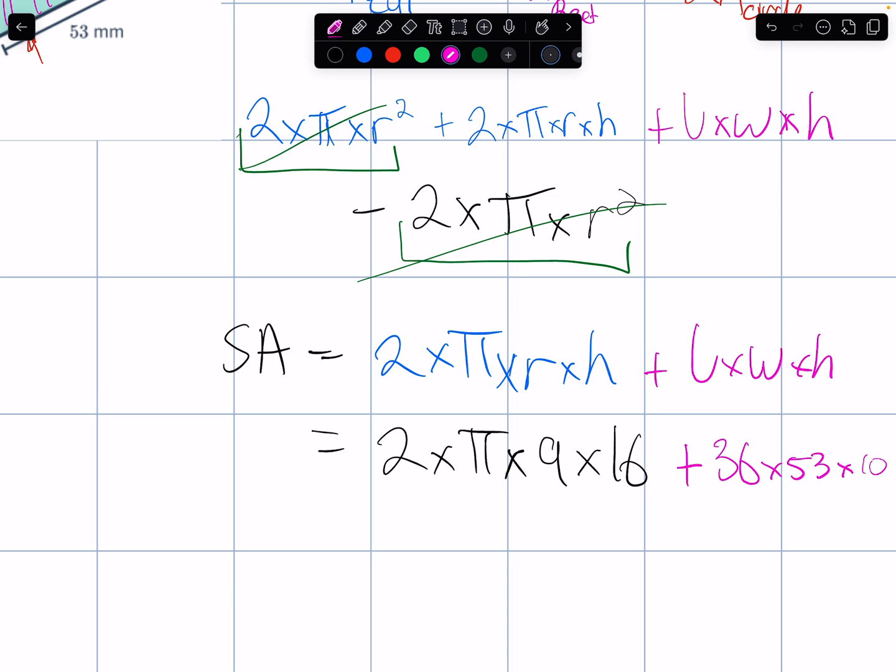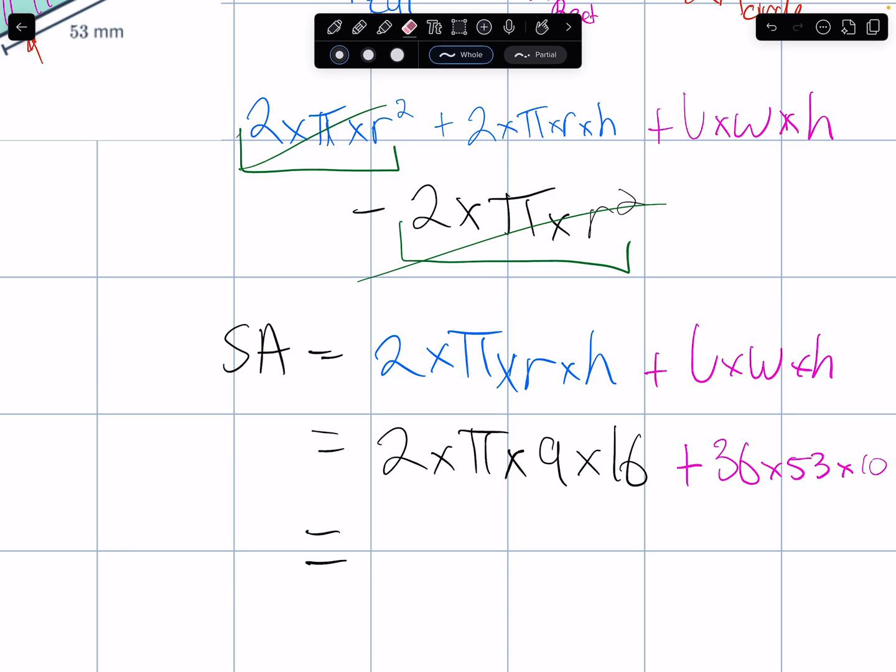Beautiful. And then we can just put that straight into our calculator without having to do anything else. Is equal to 2 times pi times 9 times 16 plus 36 times 53, oh, I put 63 in.